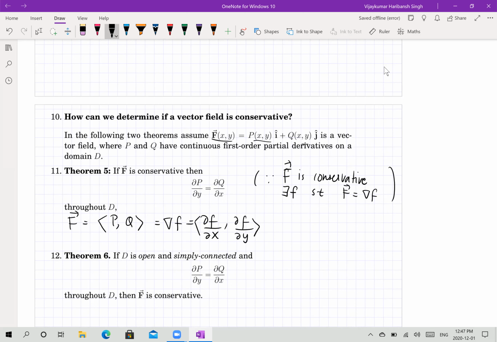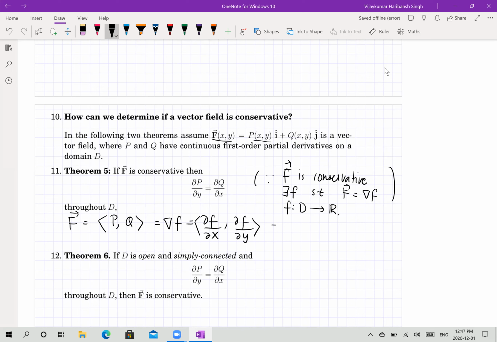I'm not saying where the function f is from. In this case, since we have a function of two variables, f is a scalar function from D to R.